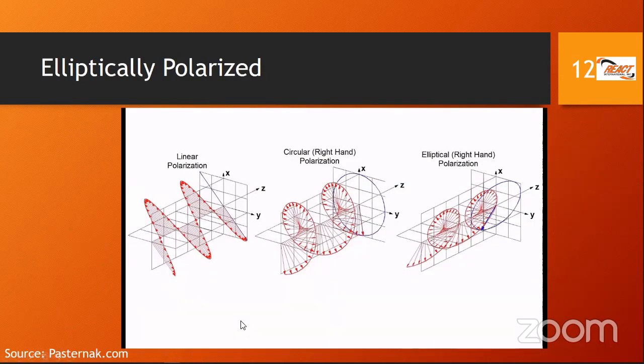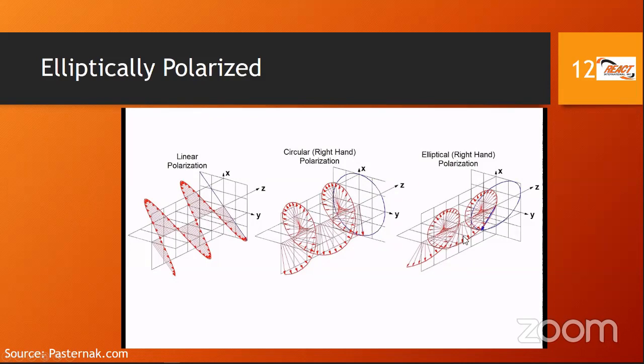Also, we said that for HF, when a signal bounces off the ionosphere, it doesn't matter whether you are horizontally or vertically polarized at the transmitter, because by the time it bounces off the ionosphere and comes back down, the signal becomes elliptically polarized. Well, this is just a diagram to show you what elliptical polarization looks like. So if this is the standard linear polarization, they also show us what circular polarization is.